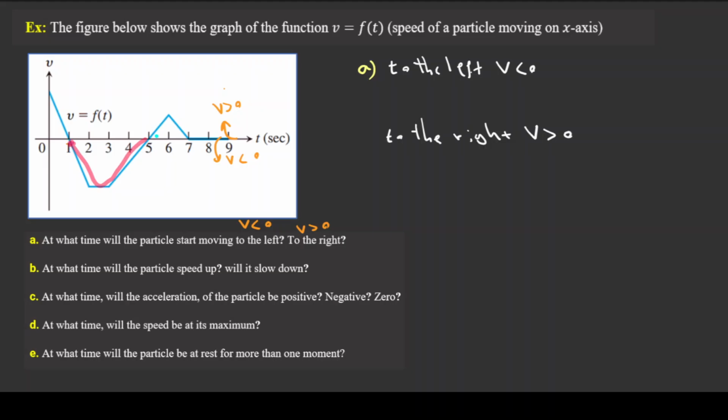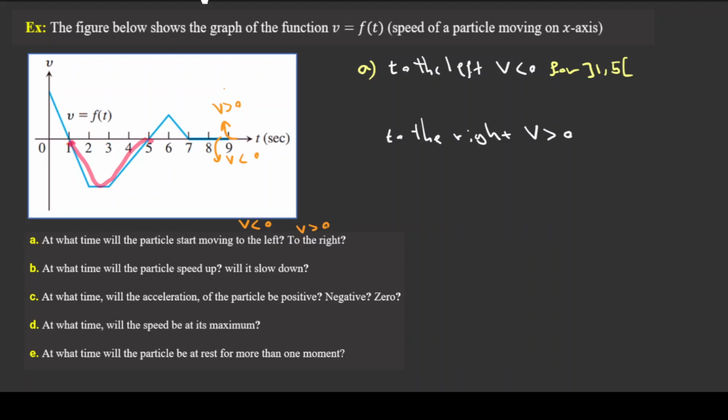So it moves to the left when v is less than 0, or we can say when t is between 1 and 5. Velocity is under the x-axis or under the t-axis, velocity is negative when t is between 1 and 5. And to the right when velocity is positive.